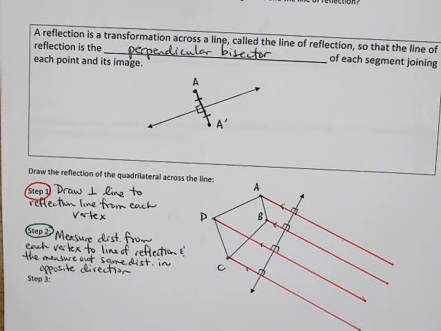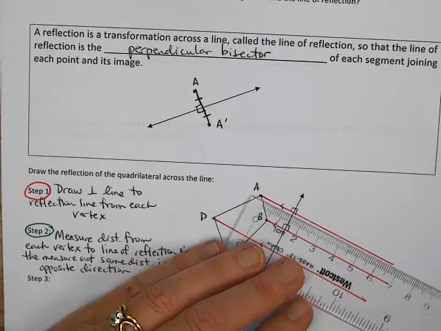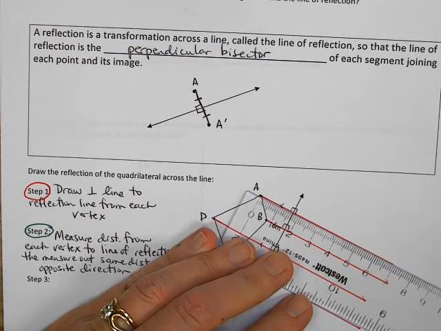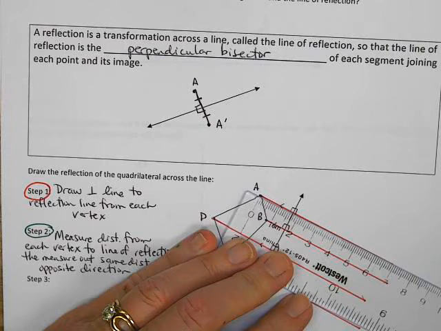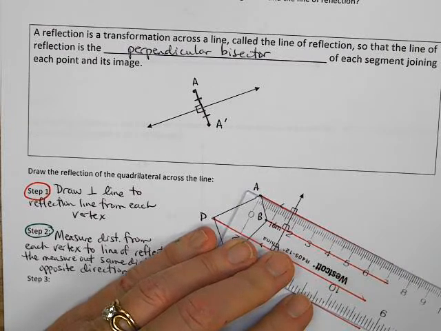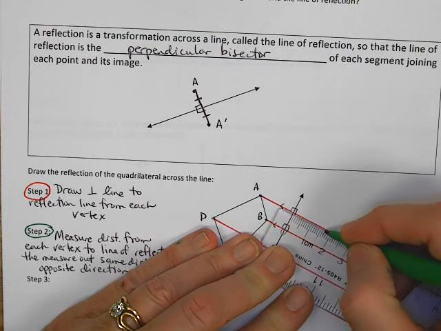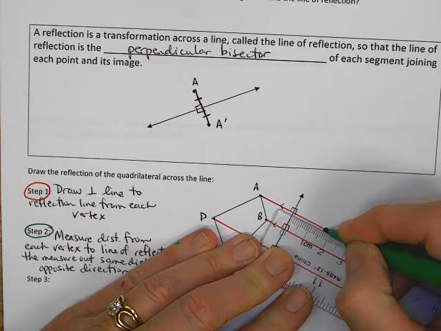All right, so for example on A, I'm going to use centimeters. It's a little easier to measure. I'm going to measure from A, on my red line, from A to the line of reflection. Looks like about 1.7. So now if I go to the line of reflection and I measure out another 1.7, that would put me right here.